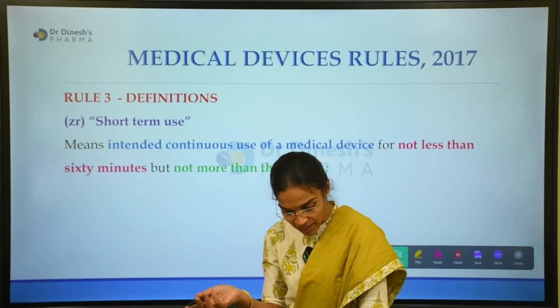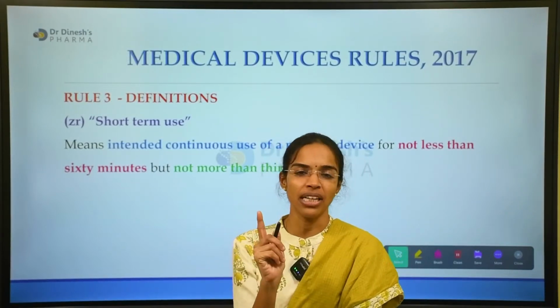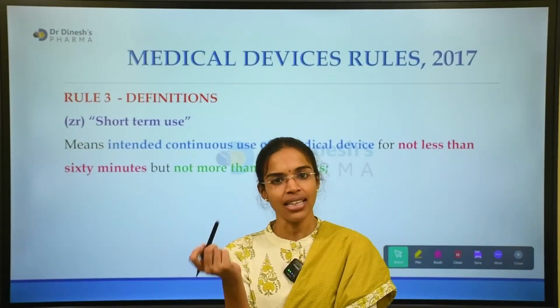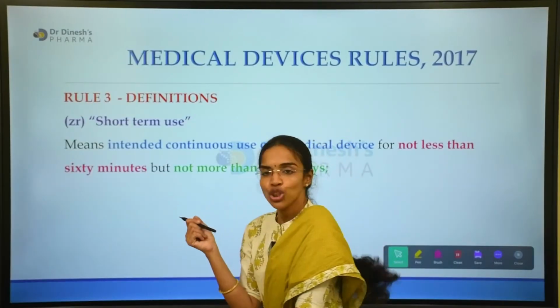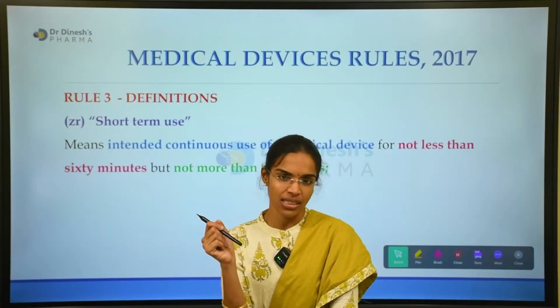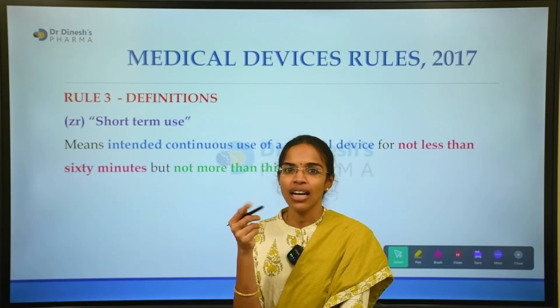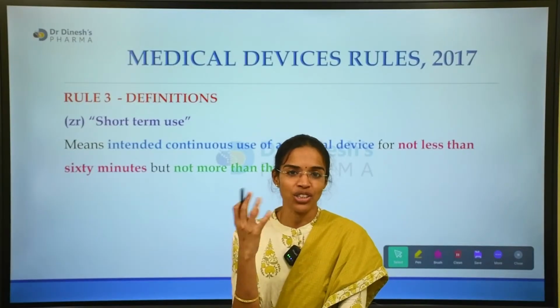If it is more than 30 days, it is a long-term use medical device. If it falls between 60 minutes and 30 days, we consider it a short-term use medical device, mostly things like IV sets.